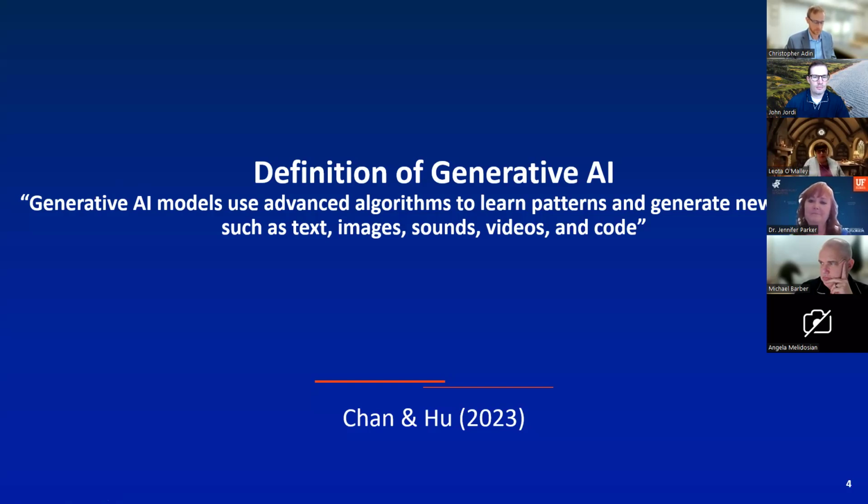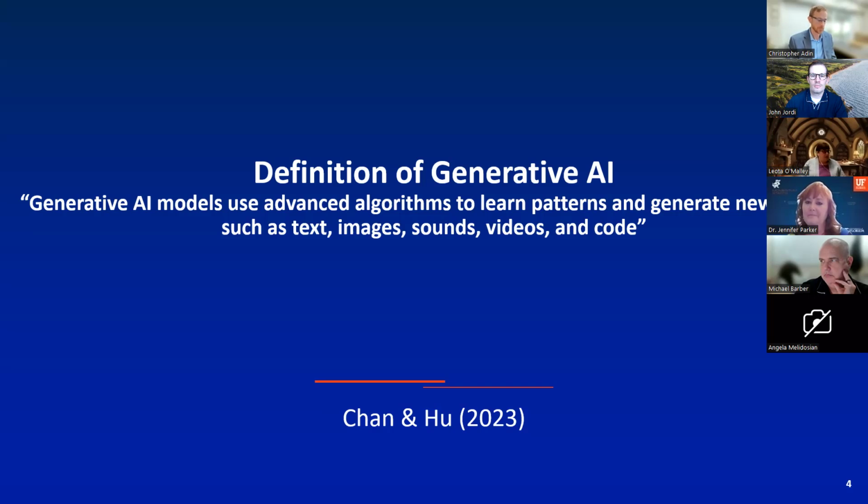Generative AI, what most people shorten to Gen AI, encompasses a group of machine learning algorithms designed to generate new data samples that mimic existing data sets. Basically, Gen AI models use advanced algorithms to learn patterns and generate new content such as text, images, sounds, videos, code.